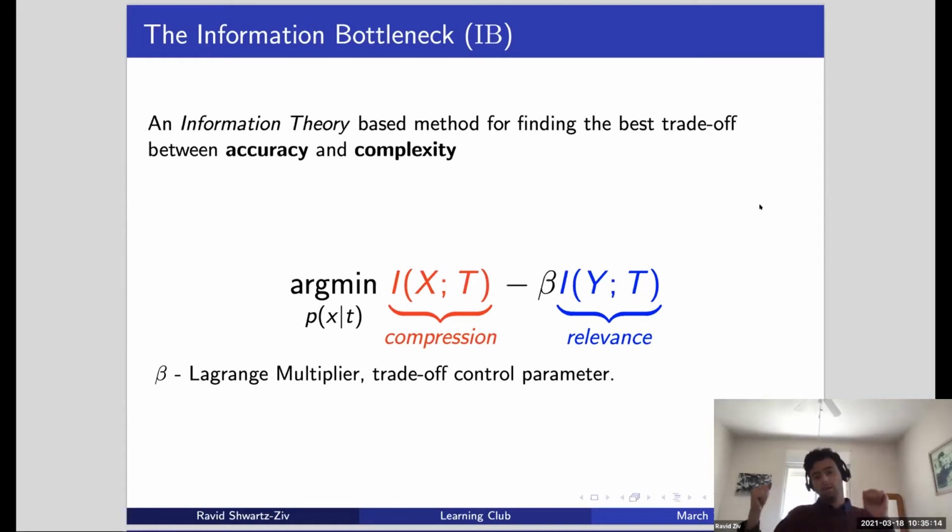And beta is a trade-off parameter that controls between compression and prediction ability. This is the information bottleneck method from 1999.